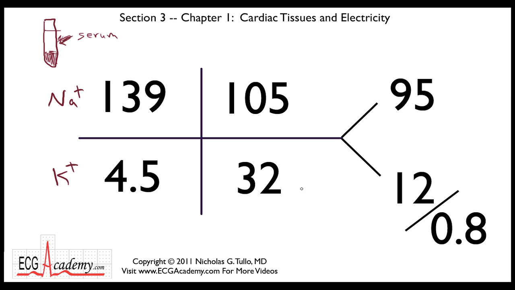Potassium is written down here. This is chloride, and this is bicarb or CO2, or actually HCO3 minus, if you want to be accurate. This is the blood sugar or glucose. And then you have kidney function here, which is blood urea nitrogen and creatinine.